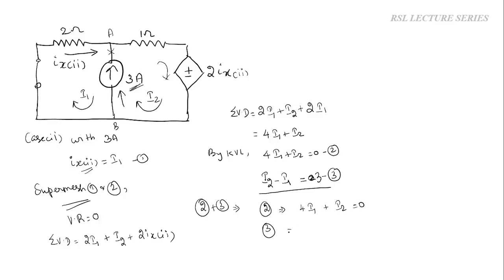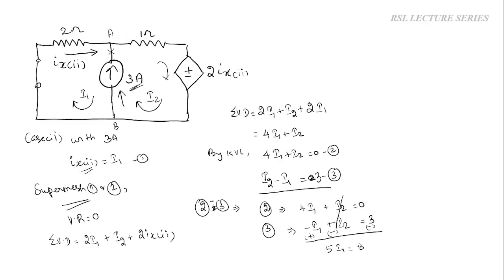Now the third equation is minus I1 plus I2 equal to 3. Now we will subtract these two equations, not adding them, so we have to change the sign. This I2 will get cancelled and this is 5I1 equal to minus 3.